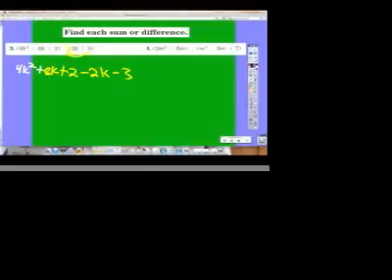Okay, so let's start combining like terms. Is there anything we can combine with that positive? Take away 2.